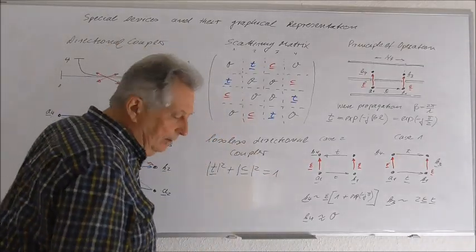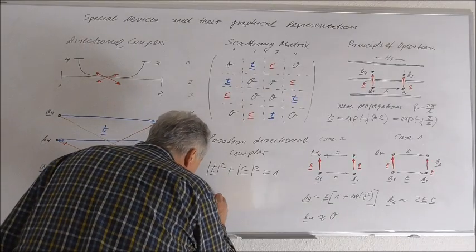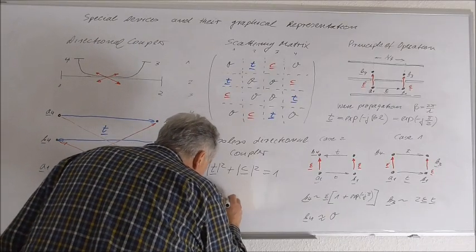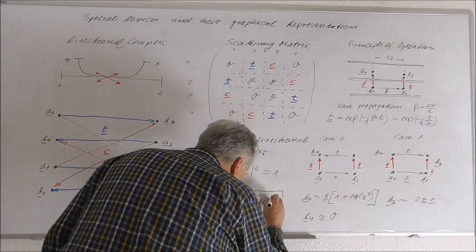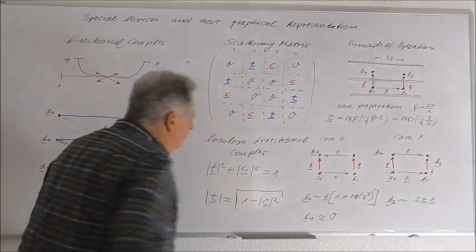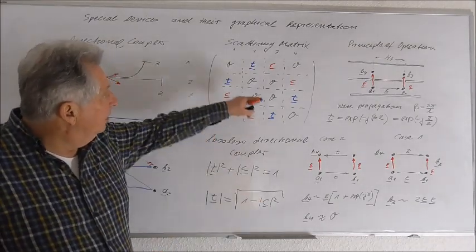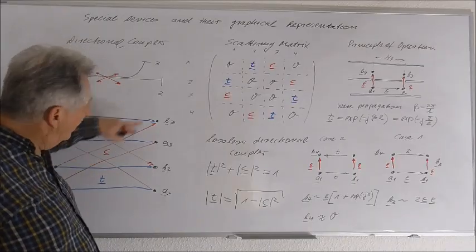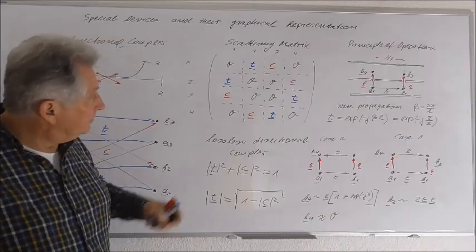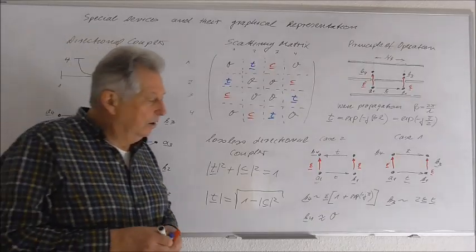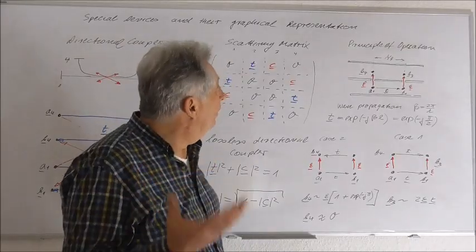Or we can say, for example, solving for T, that |T|² will be equal to 1 minus |C|², which means that the power which will be coupled from the waveguide will of course be missing for the transmission coefficient, its absolute value. What I want to do now is discuss the principle of operation.